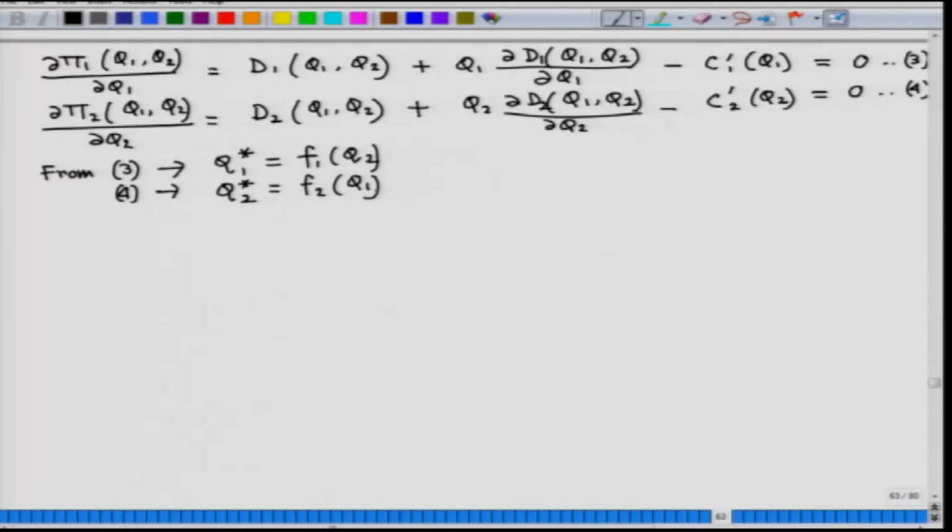So, basically each of these farms' profit maximizing output level becomes a function of the farm's belief about its competitor's choice of output level, right. So, some kind of reaction or interdependence is seen through these two first order conditions, right, and this is known in economics as reaction function.